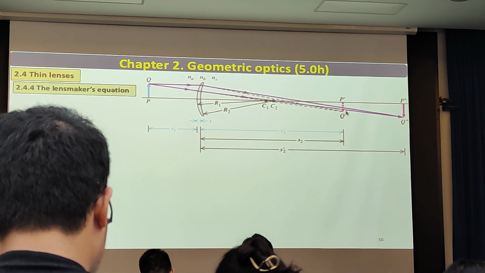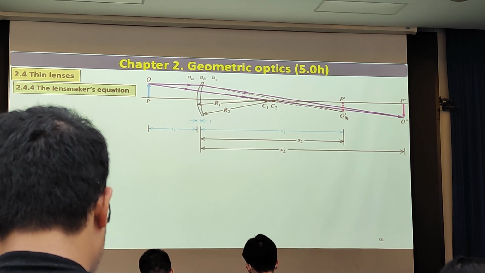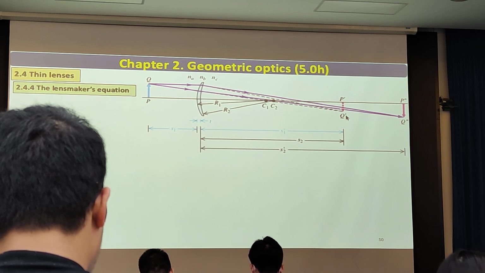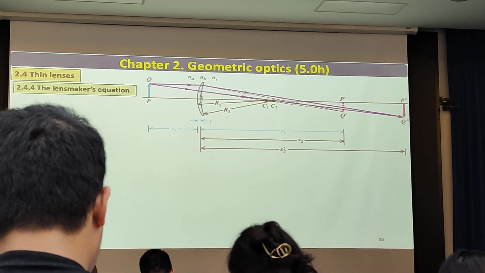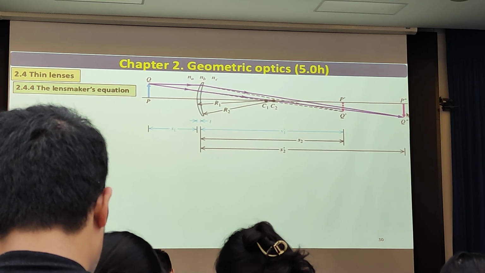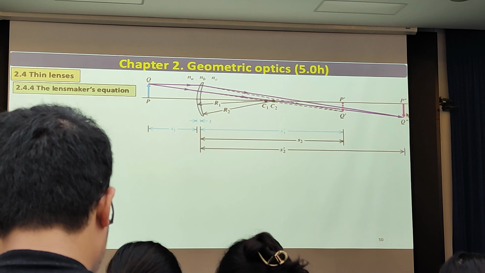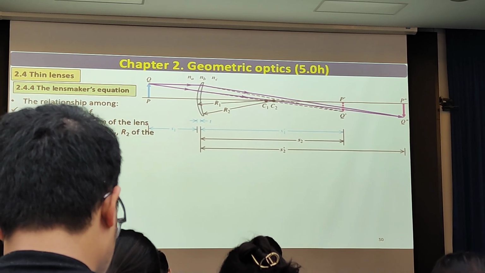It is also the object for the second spherical surface, and Nc is the material of the final image.